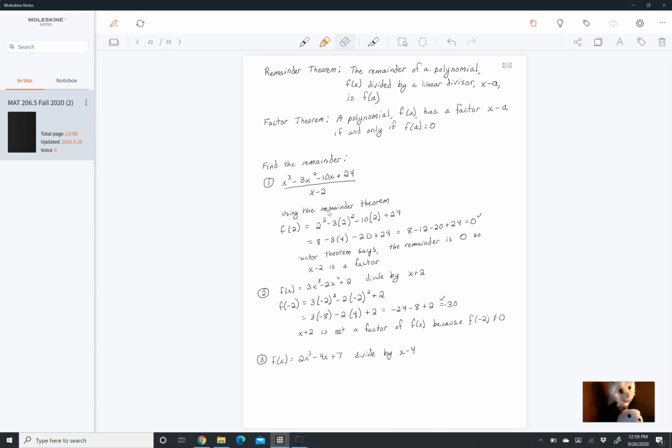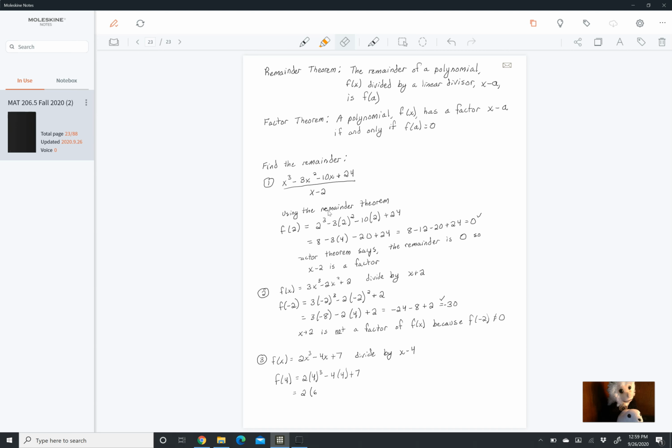Okay, so the remainder theorem says we're looking for f of 4. 2 times 4 cubed minus 4 times 4 plus 7. Remember, you do the 4 cubed first.